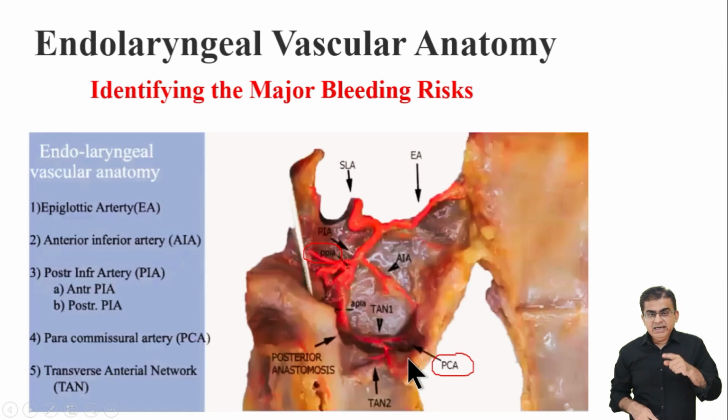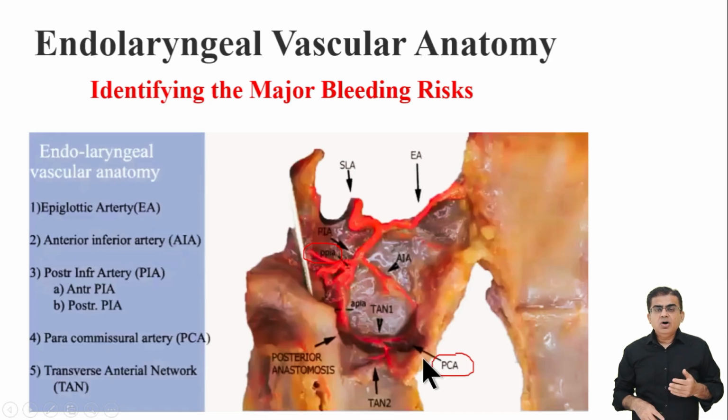Both the PCA and AIA are the main arteries that will bleed when you operate near the anterior commissure. Finally, notice how all these vessels connect to form a multiple transverse arterial network. You must memorize these exact bleeding points before you fire the laser.